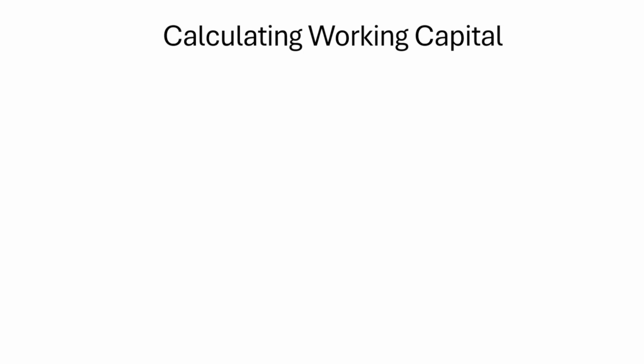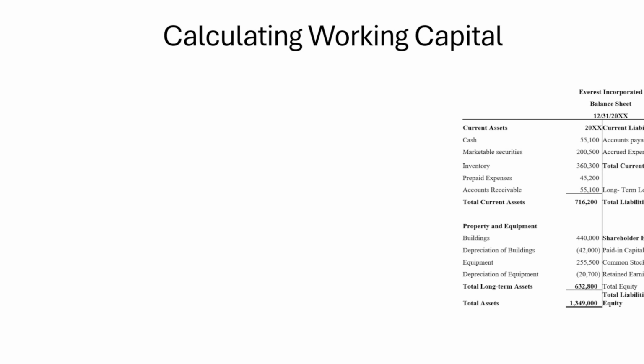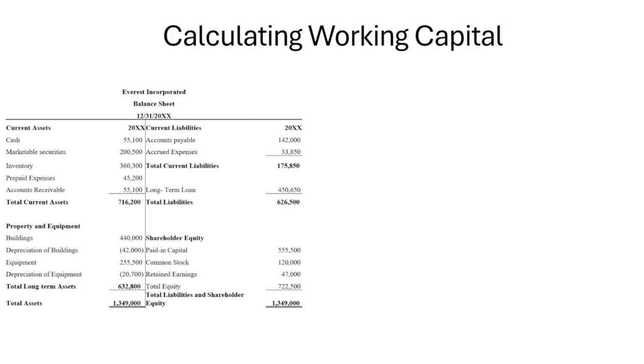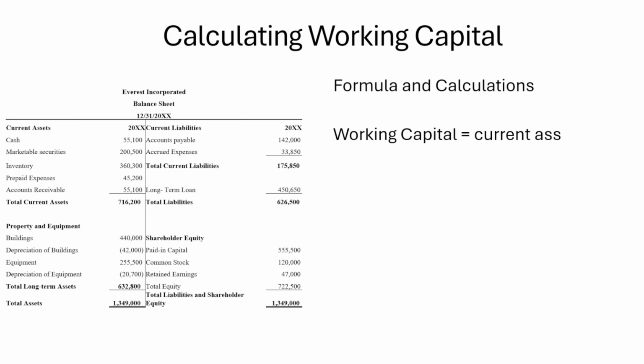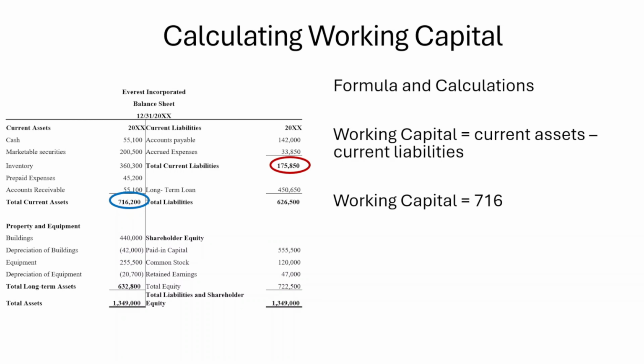Let us see how we can calculate the working capital. We're going to use the same Everest Incorporated balance sheet. We have the debit side on the one side, and we have the credit side over there on the right side. The formula, as we said, for working capital is current assets minus current liabilities. In our case here, we have total current assets as 716K and our current liabilities as 175K.